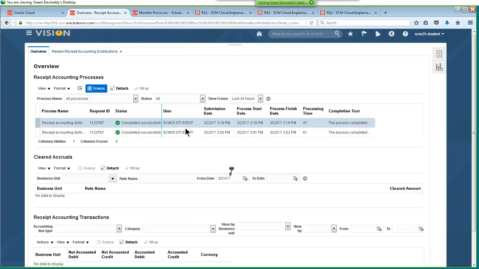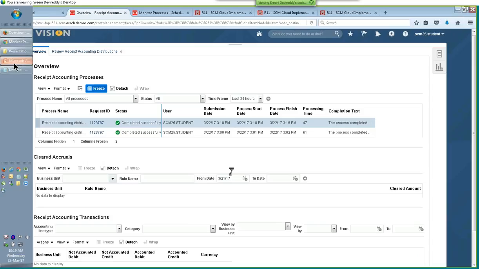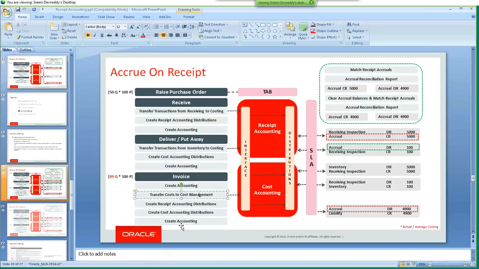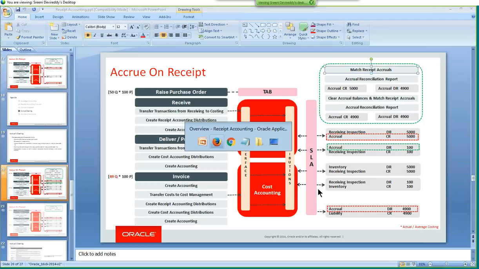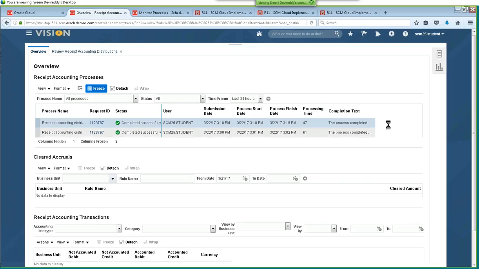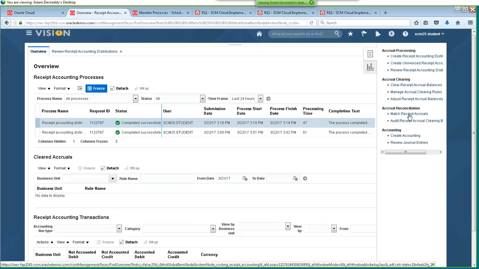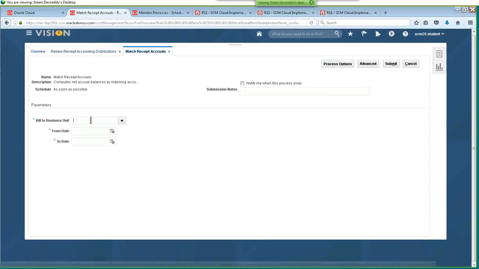All right. So now I want to do the reconciliation. We are here. We are done. So we are at match receipt accounting. Let's do the matching, and then get the output.